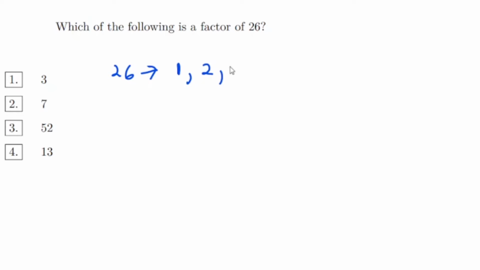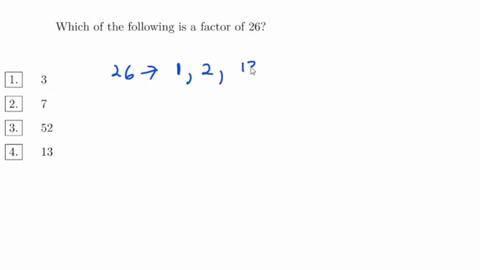And 4 divides 20 and 24 and doesn't divide 26. 5 doesn't divide 26 and 6 does not divide 26. And 7 doesn't divide 26, and neither do 8, 9, 10, 11, and 12.